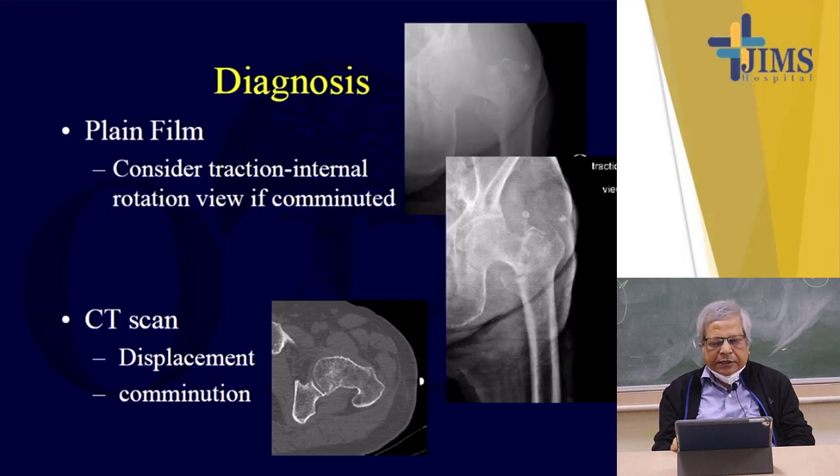In cases of some doubt, if the X-ray quality is not very good, like in this particular X-ray, one can go for a CT scan to look for the displacement of the fracture. Here is the fracture line, or a comminution.